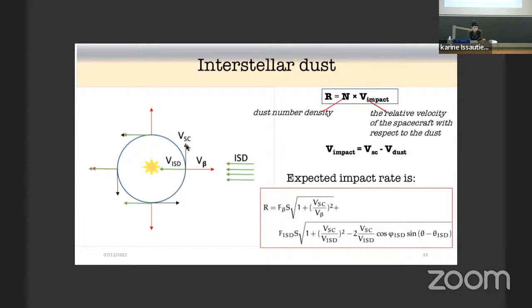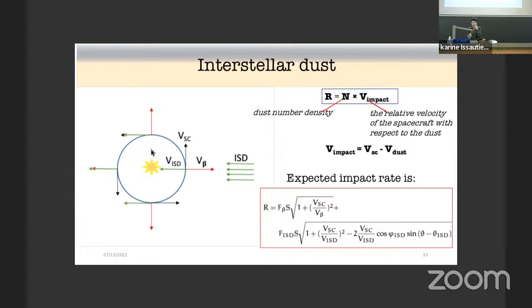We have, of course, the velocity of the spacecraft, and we have the velocity of beta meteoroids. It's typical to expect that at one point, when the spacecraft and interstellar velocities are parallel, we will obtain less interstellar dust flux than in the opposite case, when they are anti-parallel.